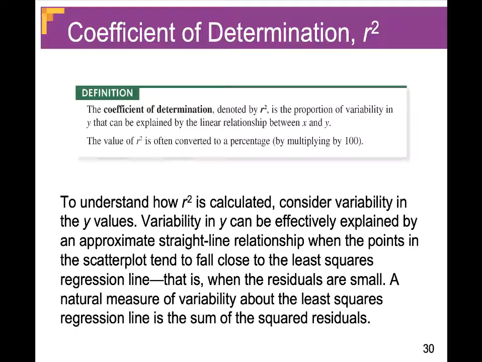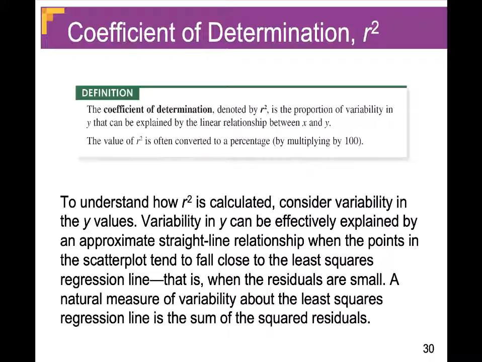What it does, and this is very important, it explains the proportion of the variability in y. So that's how much the y values are varying around that line. That can be explained by the linear relationship between x and y. We'll often describe r squared as a percentage.